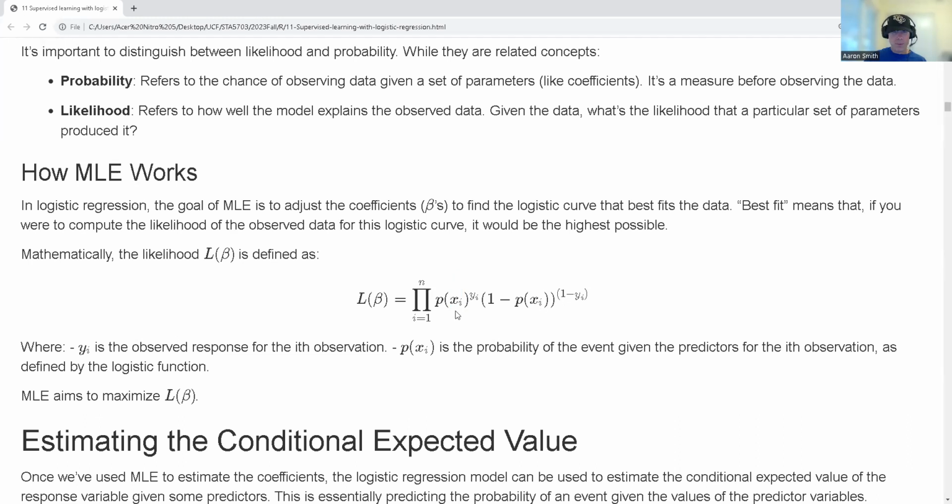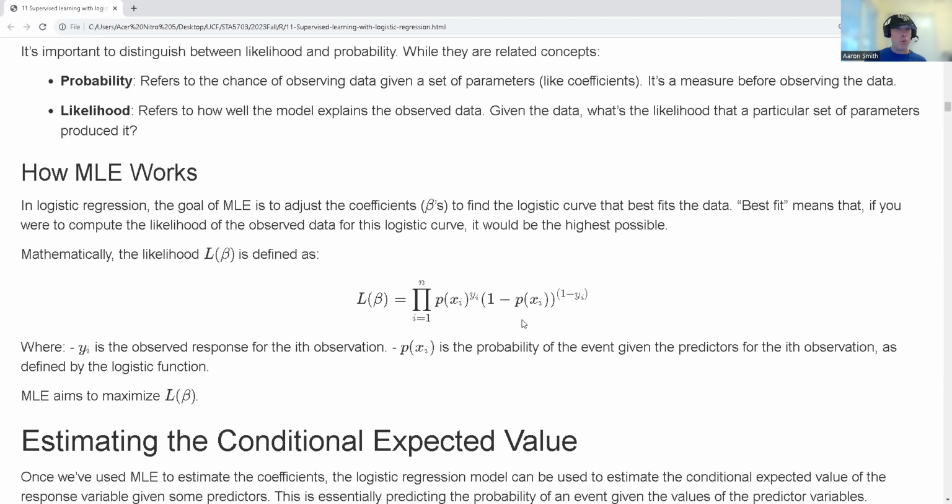Our mathematical model is that once I see all the predictor variable values, there is a probability that it's going to be a 1 or a 0. This is the probability of 1, and this is the probability of 0.